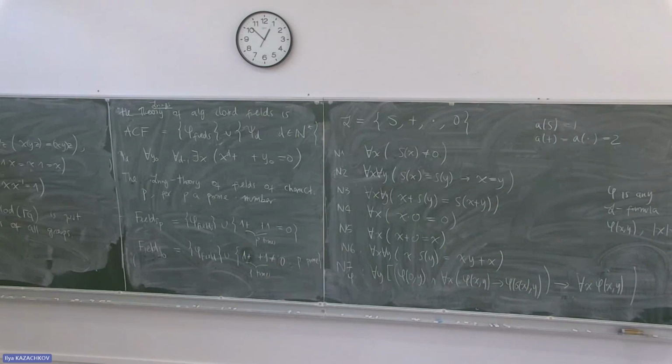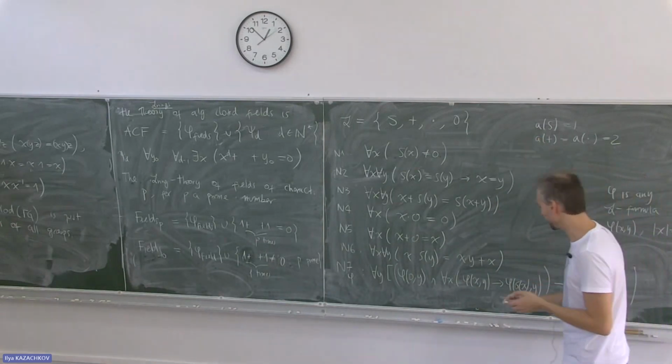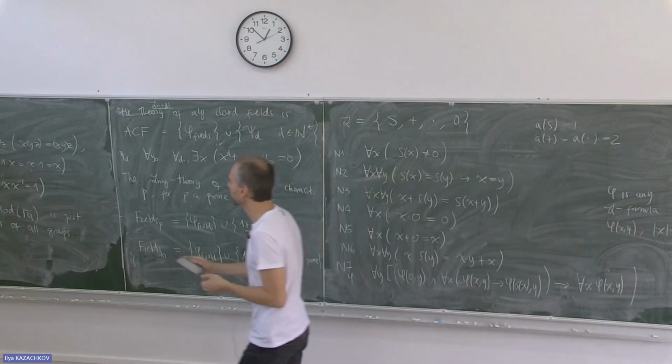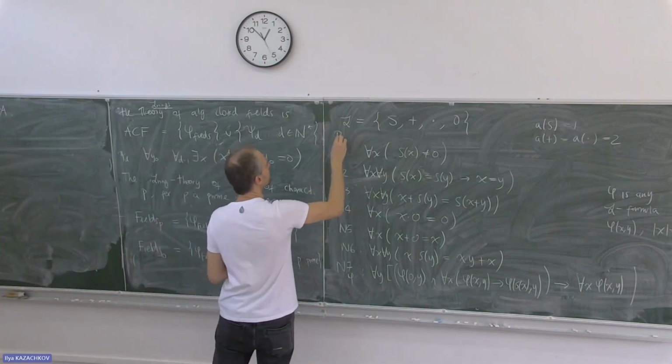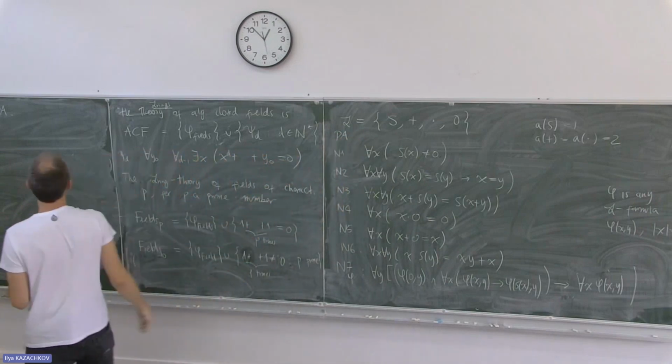The usual one is the one we know for second order, which is basically these axioms. So let me write it here. This is second order Peano arithmetic, right? This is, let's say, just Peano arithmetic first order.